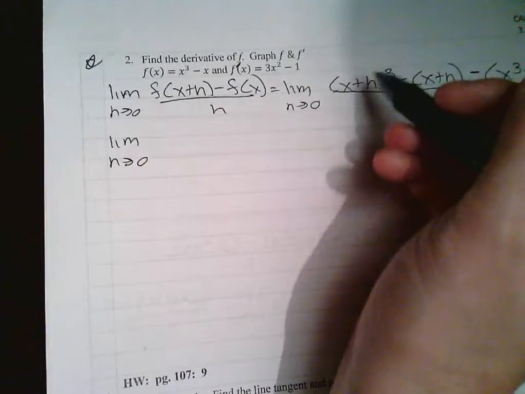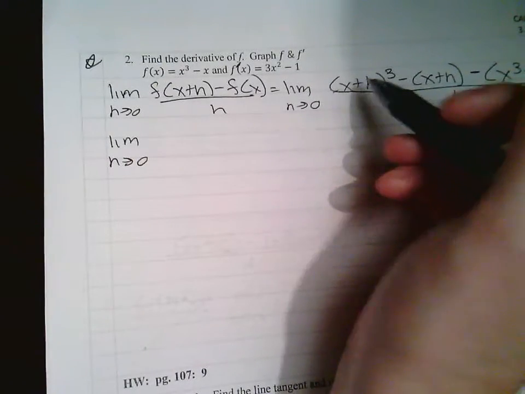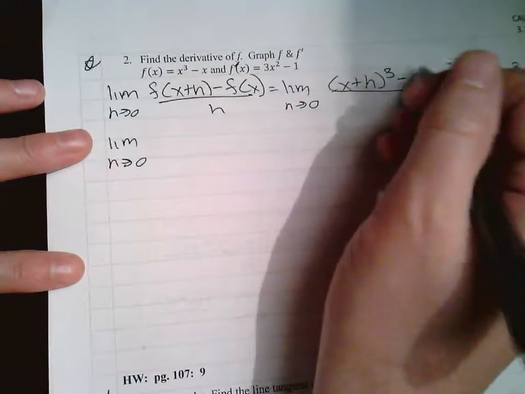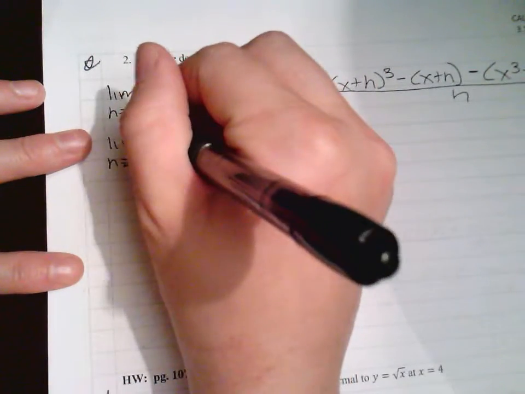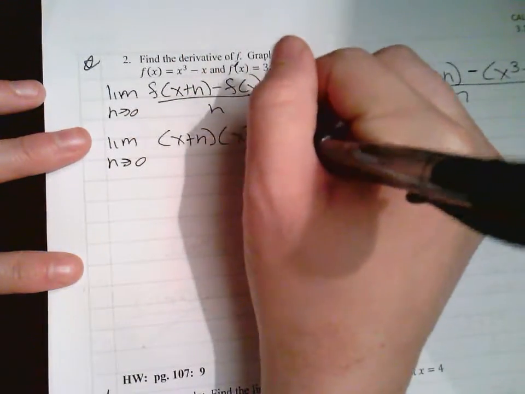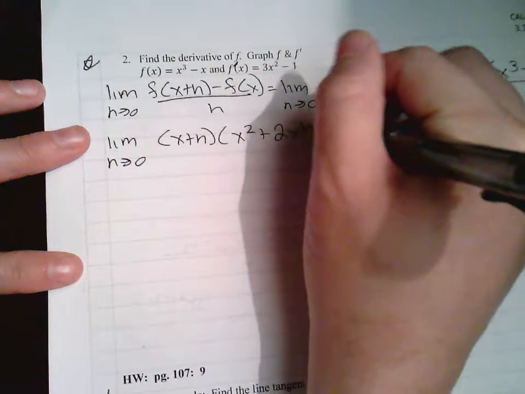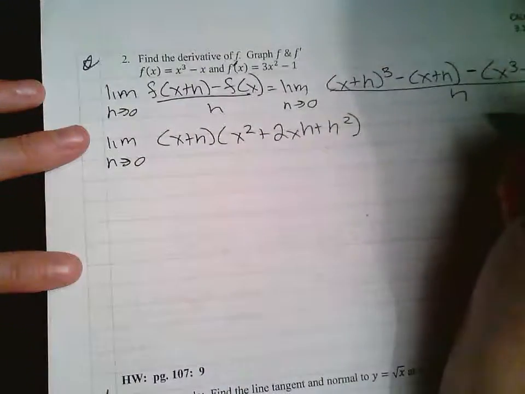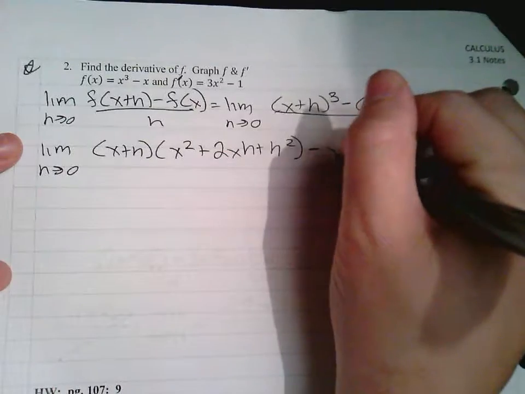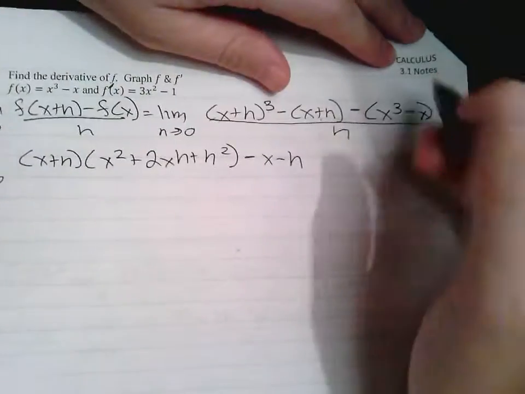You have x plus h times x plus h times x plus h. I'm going to do x plus h times the FOIL of x plus h squared. So you're going to have x plus h times x squared plus 2xh plus h squared. Now I've distributed, minus x minus h, and then right here, minus x cubed plus x.